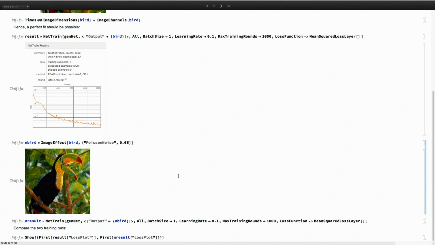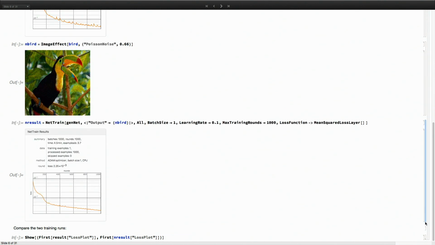If we do the very same for an image that is somewhat unnatural in the sense that it has lots of noise, I just added Poisson noise to that image, then we see that, again, I can fit that very neural network onto the image.